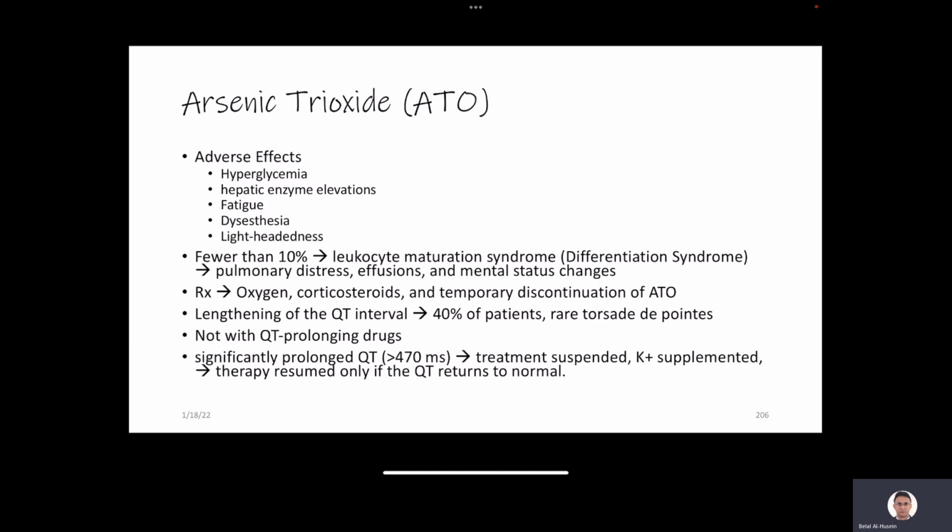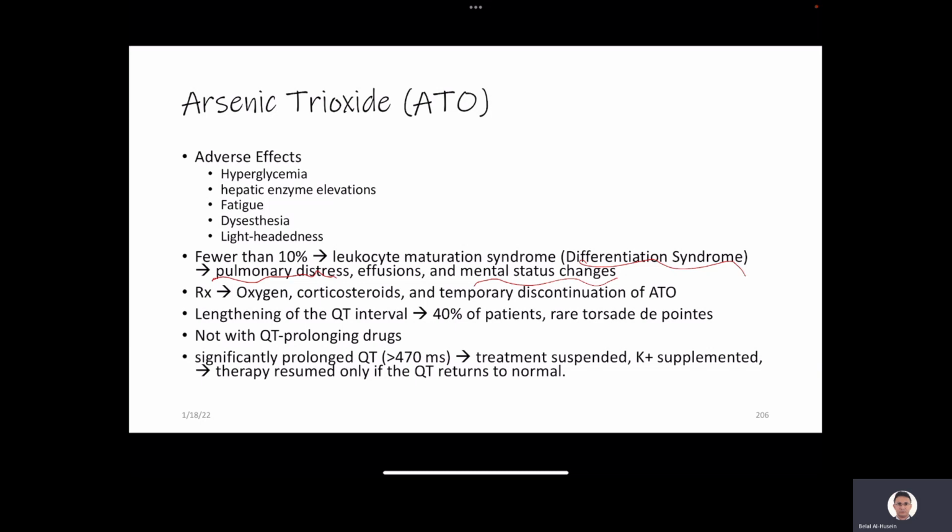As we mentioned, patients could have differentiation syndrome, which would infiltrate many tissues, like the brain, which could lead to mental status changes, and the lungs, which would lead to pulmonary effusions or distress.